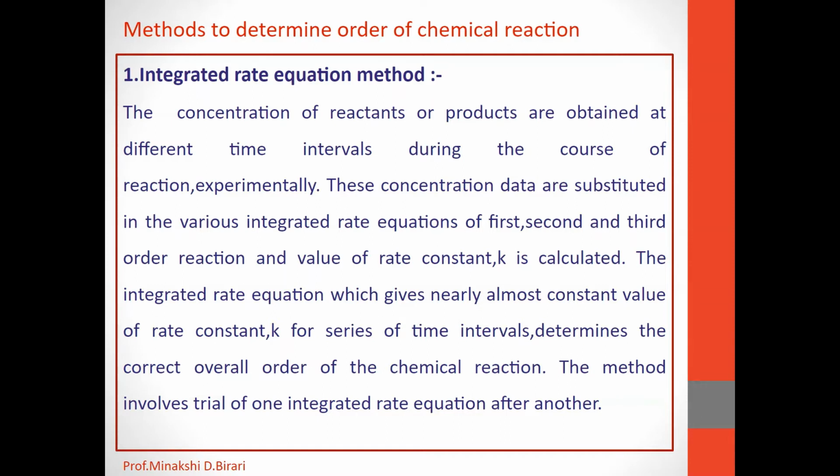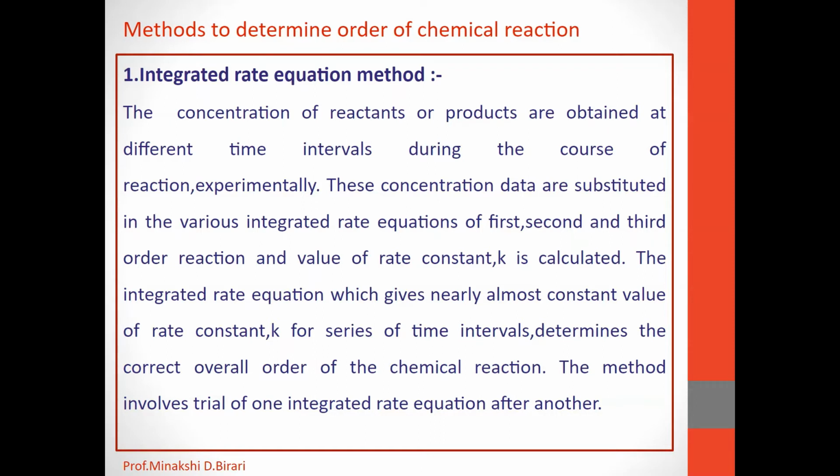The integrated rate equation which gives a nearly constant value of rate constant K for a series of time intervals determines the correct overall order of the chemical reaction. So this method involves the trial of one integrated rate equation after another.